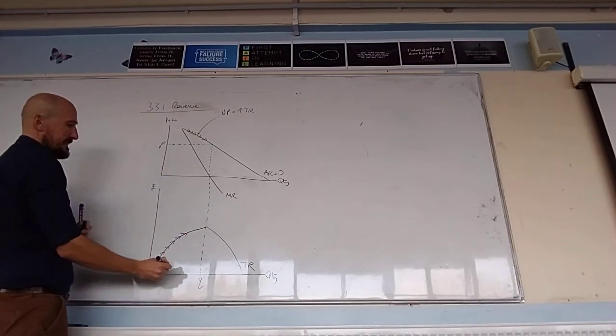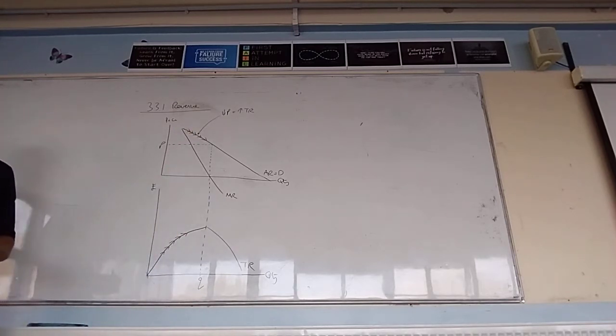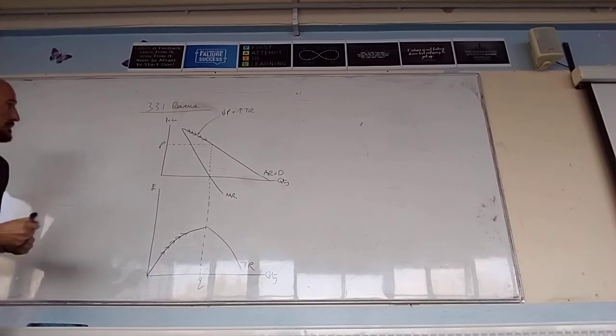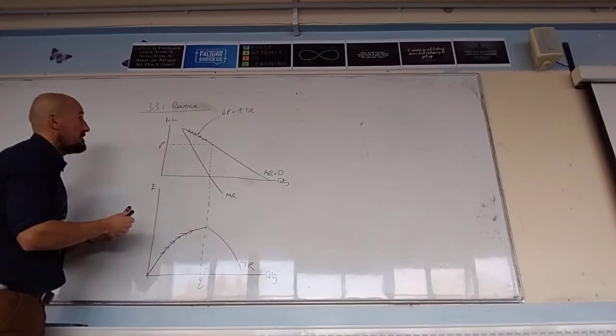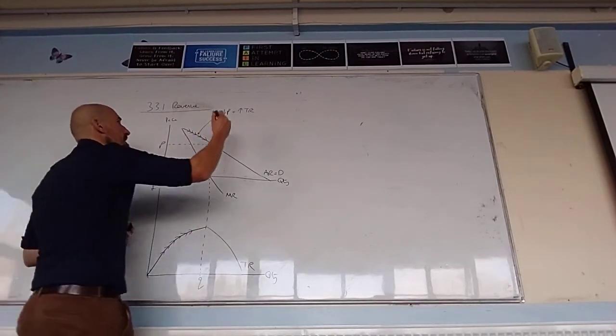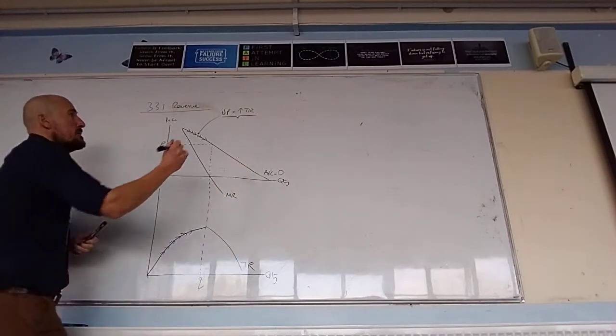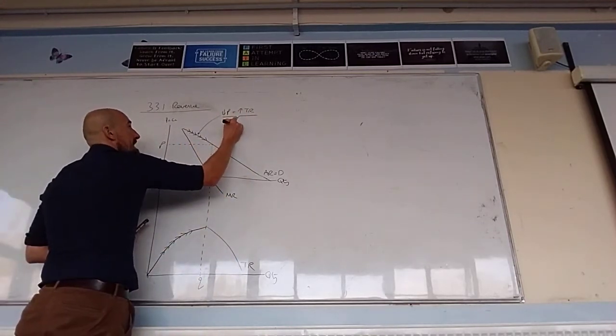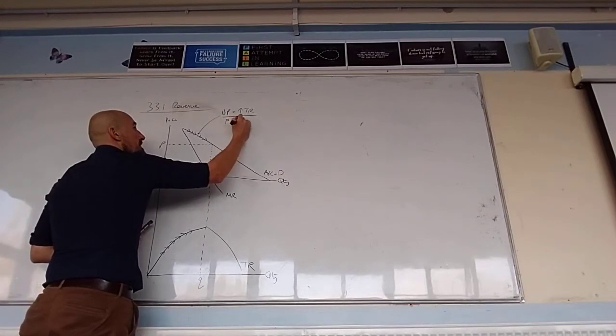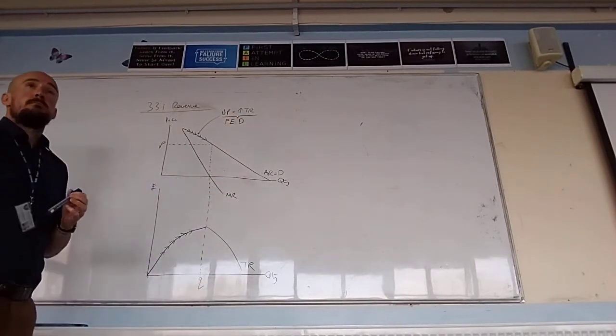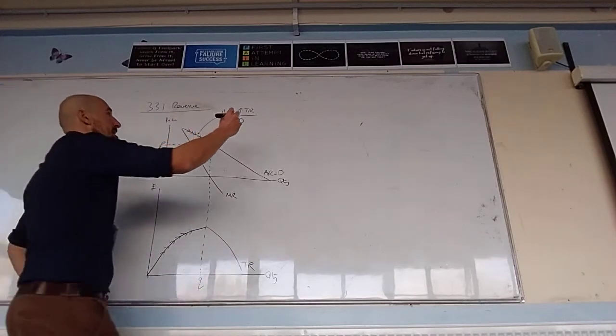I could represent that with drawing some cues, but I don't want to overcomplicate it. So if I'm lowering price but increasing total revenue, we have argued that the PED of those products is what? Elastic.